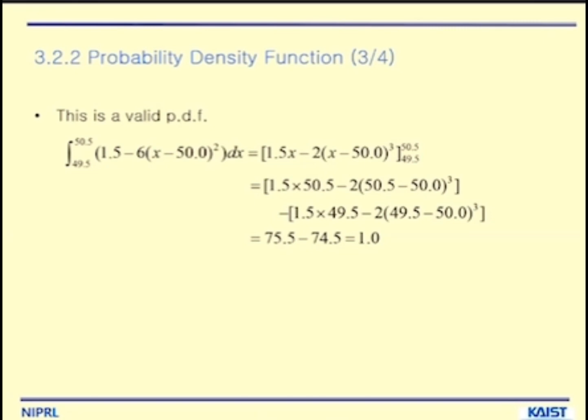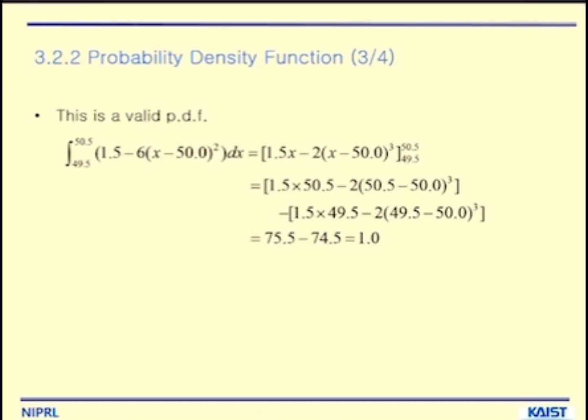All you just need to do is to integrate that. Then you plug in the upper endpoint, then you plug in the lower endpoint. Then you subtract. The moment the result is 1, what does that mean? Then it means your f of s is a valid PDF.